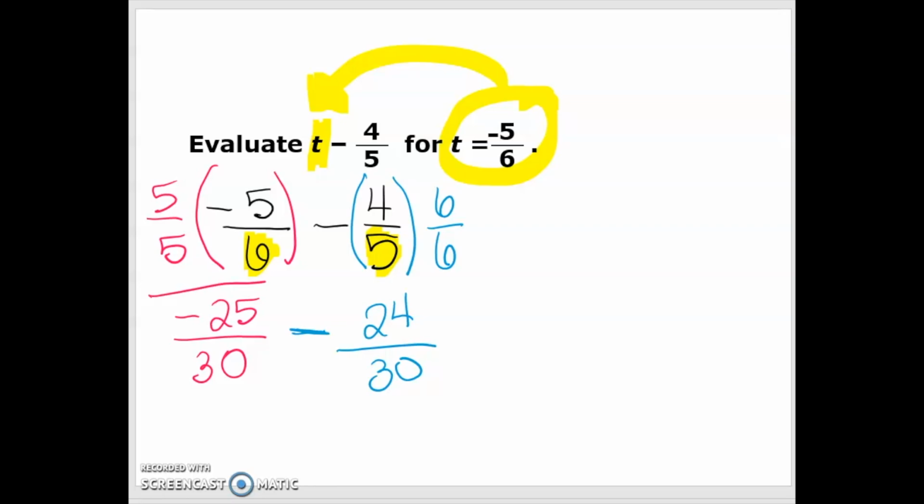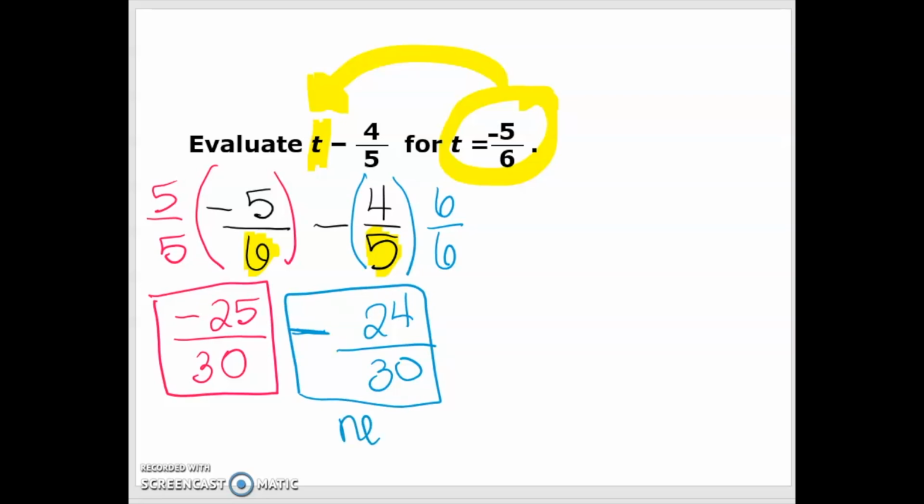So if we look at our two terms, my pink term is negative. My blue term is also negative. So they have the same sign. So the rule when the signs are the same is we keep the sign, so we keep the negative and we add. 25 plus 24 is 49.